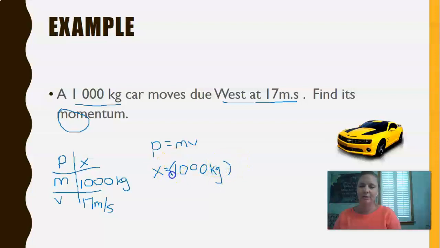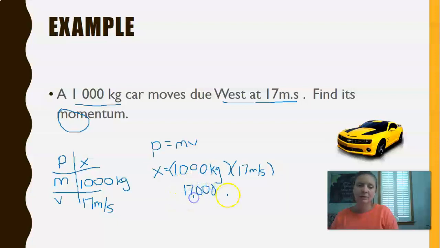So we have 1,000. And we're going to multiply that by 17 meters per second. And when we do that, you type it into your calculator and you should get 17,000. This one's not too bad because we're just adding the zeros on there. So 17,000.